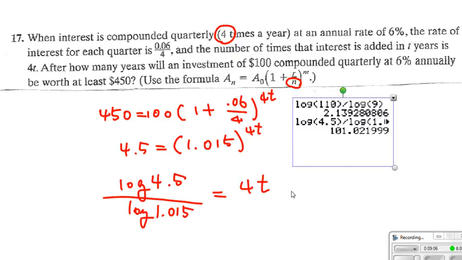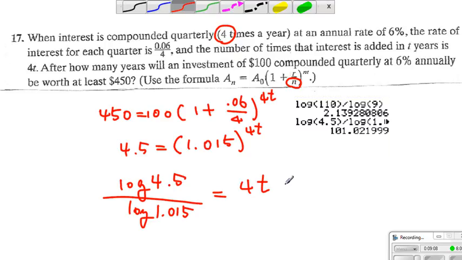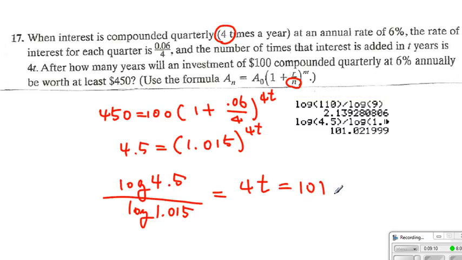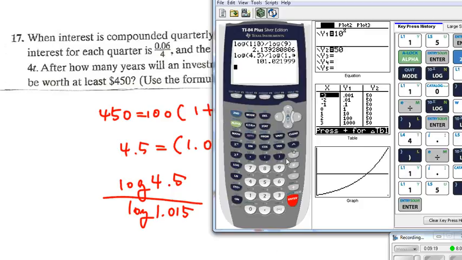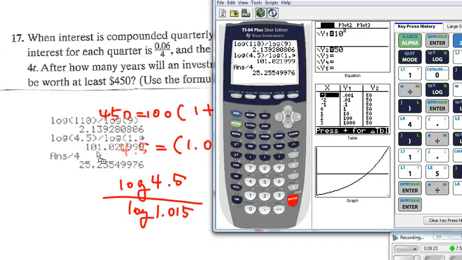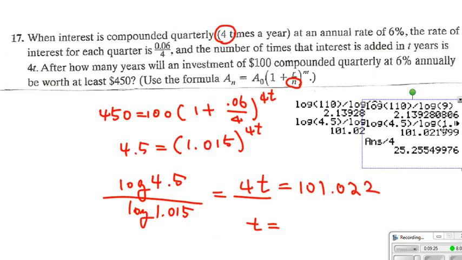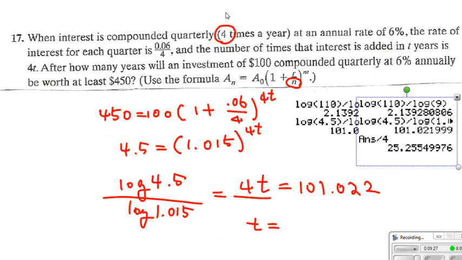But that value, 101.022, has to be divided by 4. Then t becomes that divided by 4. The answer becomes 25.26 years.